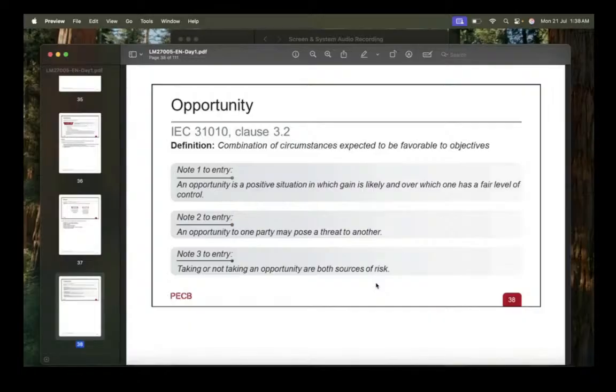And then, taking or not taking an opportunity are both sources of risk. Sometimes we take the opportunity and sometimes we don't, but in both situations, it is a source of risk. So while studying risk management, we have to think about all the perspectives and all the situations.